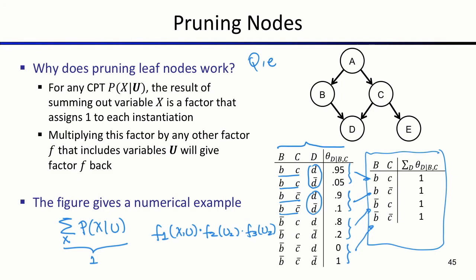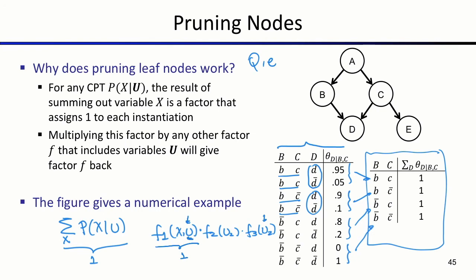Suppose that U1 is one of the parents of X, U2 is another parent of X, together with other variables, their own parents. But the important thing is that when we eliminate X, we get this factor here that is 1. Or at least we can interpret that as 1, but it's going to be a factor that has all positions equal to 1. And this factor in the variable elimination algorithm will be multiplied by other factors that have those variables here that are the parents of X.